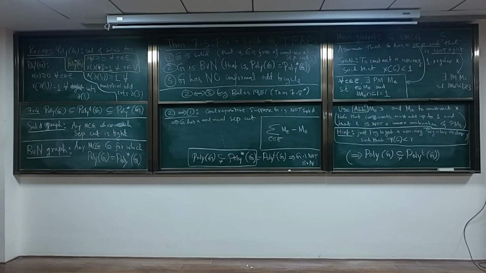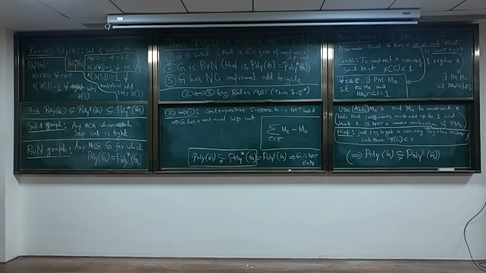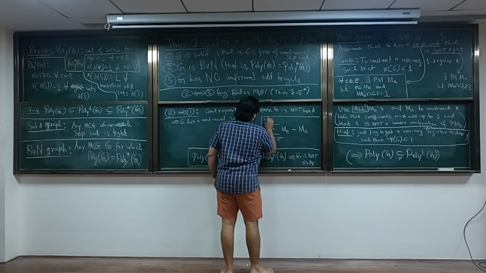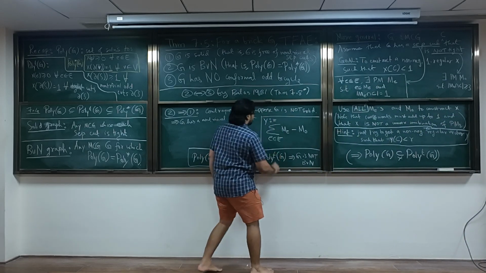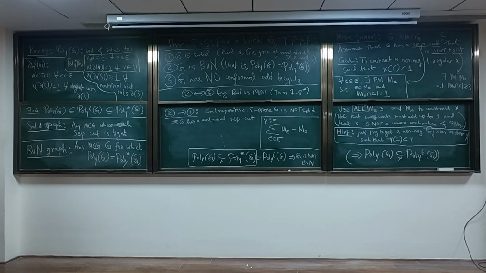Supposing your graph has 20 edges. Think about the sum at each vertex. I like the number 20. Doesn't really matter. Supposing my graph has 20 edges, what will be the sum at each vertex? So this is my y. Every perfect matching is just a one-regular vector. In a perfect matching, the sum at each vertex is equal to 1.